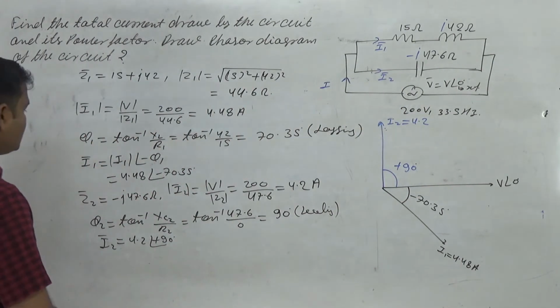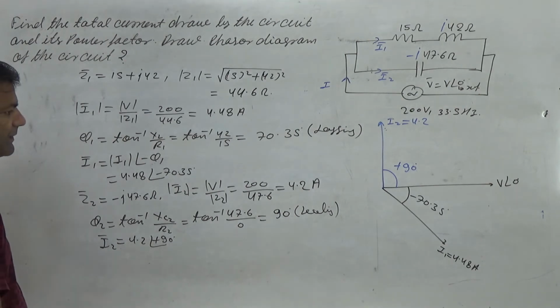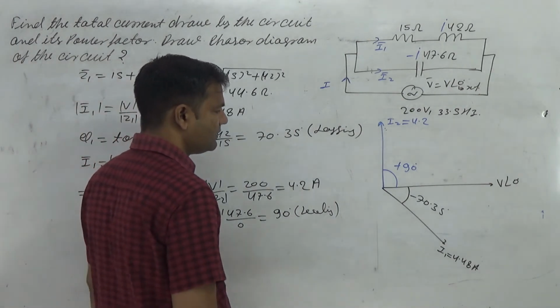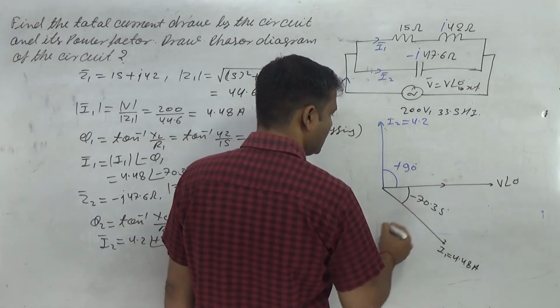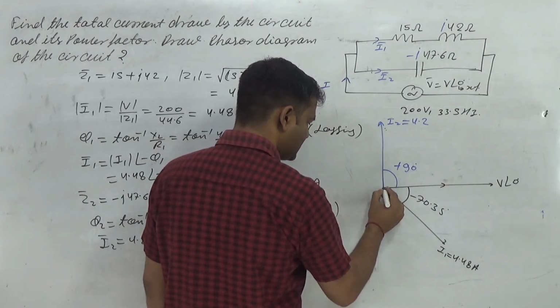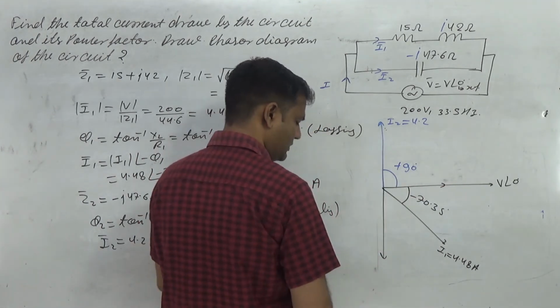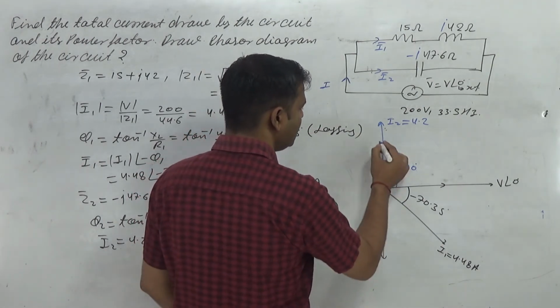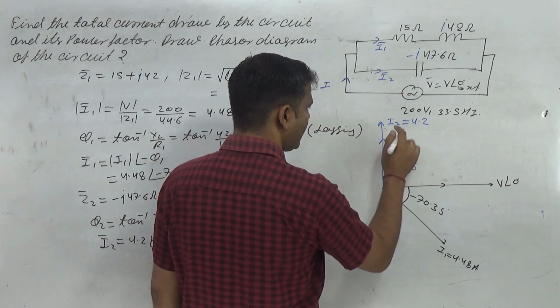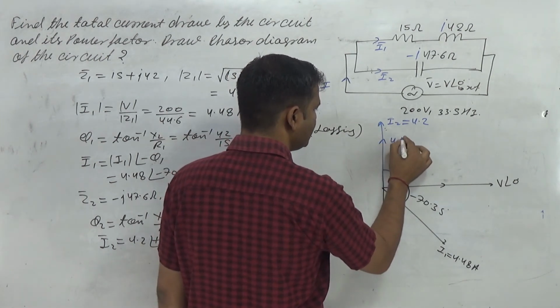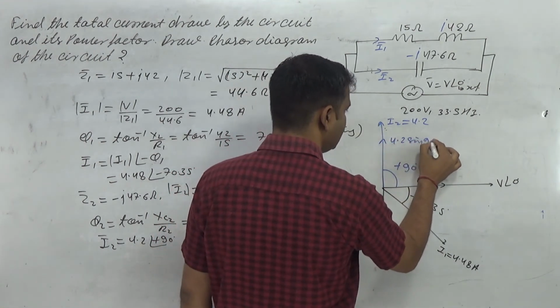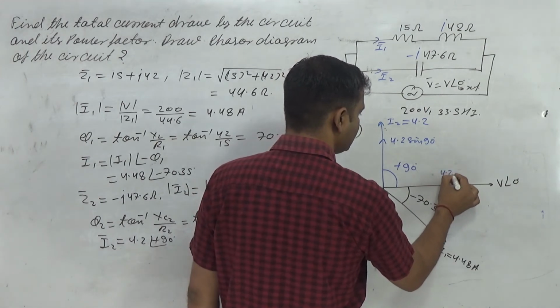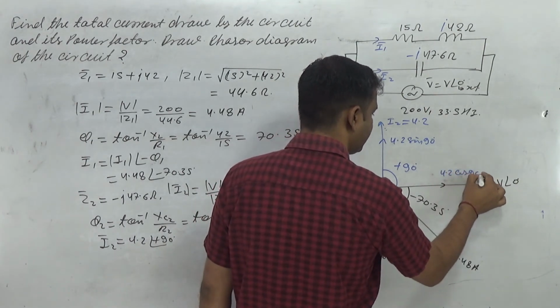First of all, take the components of I1 in the x direction and in the y direction. Similarly draw the phasor diagram corresponding to I2: in the y direction that is 4.2 sin 90, and here 4.2 cos 90.